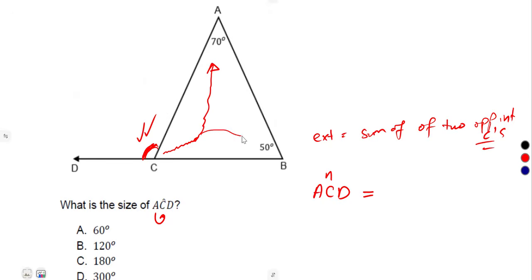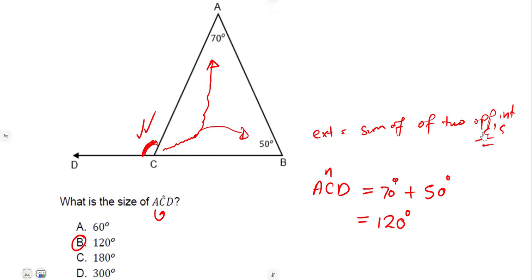This one and this one. Those are the opposite interior angles, the 70 and the 50 degrees. So adding these two together is going to give us 120 degrees, which is the best answer there. It was going to be B on the answers that are being provided.